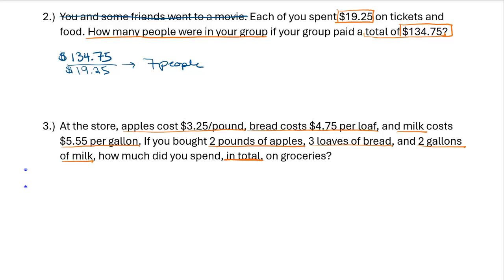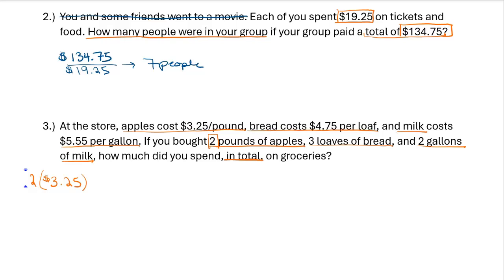Just as I underlined these as individual things, I'm going to put them together individually, and then I'll combine them at the end to find the total. If apples cost $3.25 per pound, and I bought 2 pounds of apples, well, I would do $3.25 plus $3.25, or do a more efficient calculation and multiply that by 2, because remember, repeated addition is the same as multiplication.